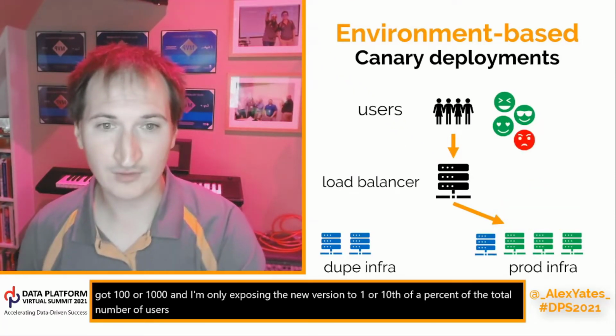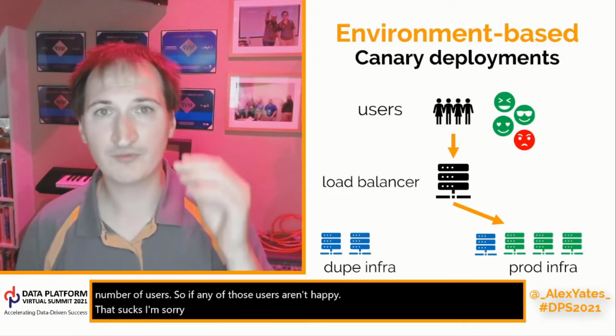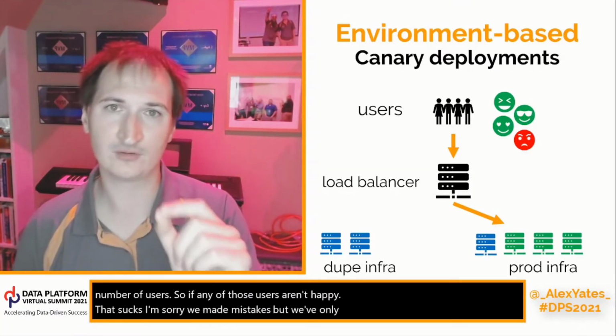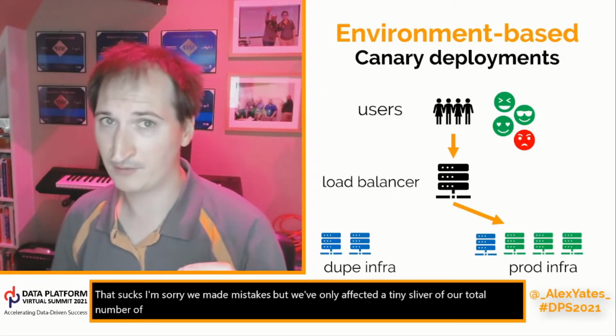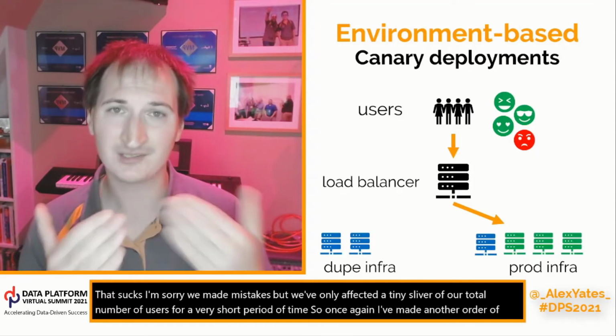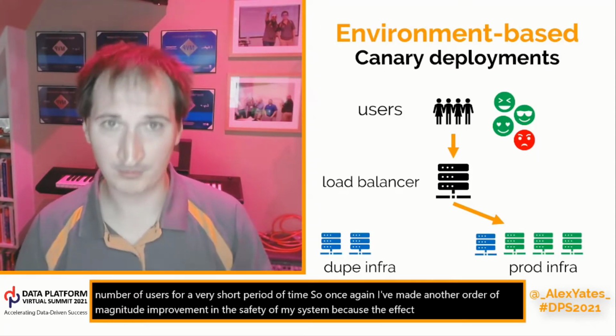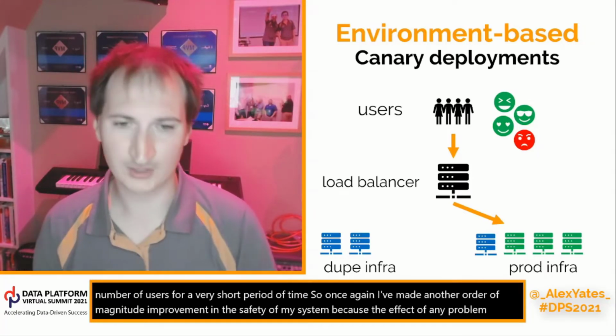So if any of those users are unhappy, well, that sucks. I'm sorry, we made a mistake. But we've only affected a tiny sliver of our total number of users for a very short period of time. So once again, I've made another order of magnitude improvement in the safety of my system, because the effect of any problem is significantly more restricted.